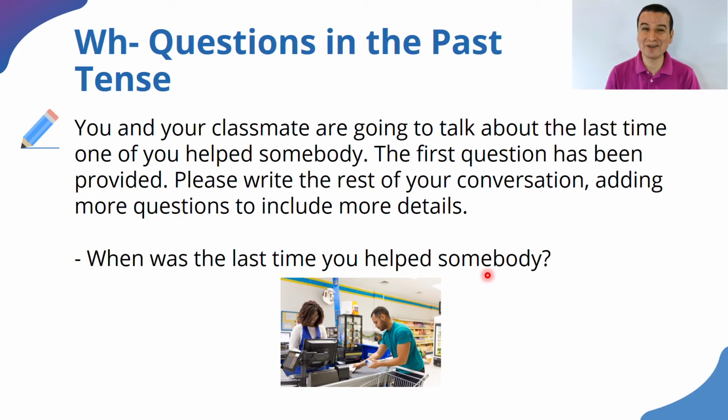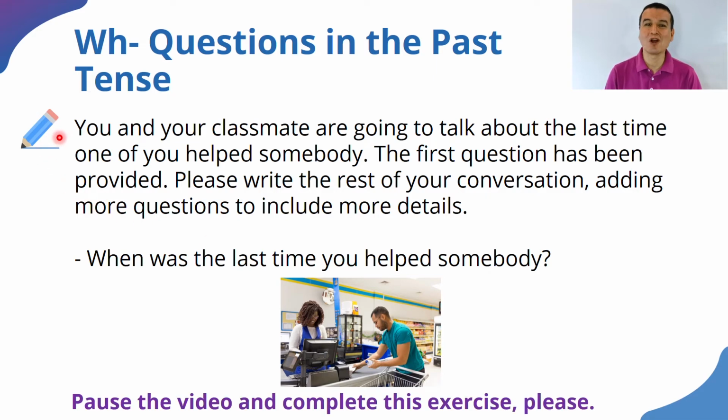All right, that's very general, but that starts the conversation. So you answer it and ask more WH questions to have a conversation about the details of you or your classmate helping somebody else. All right, go ahead, pause my video, complete the activity, write the conversation, and I'll see you in a moment.